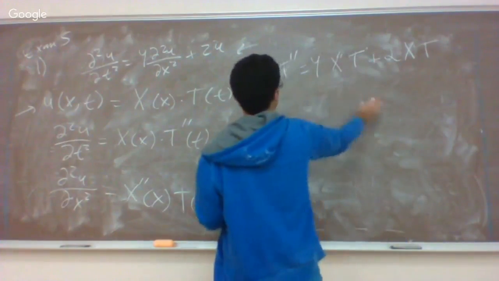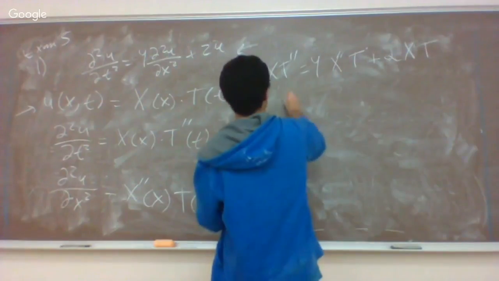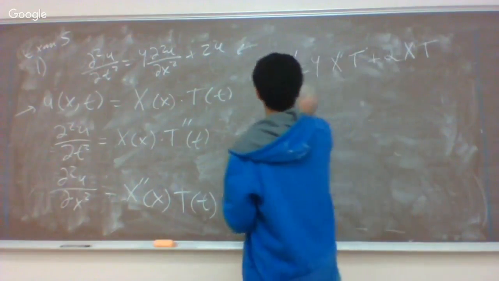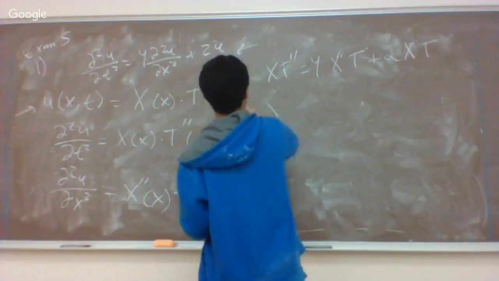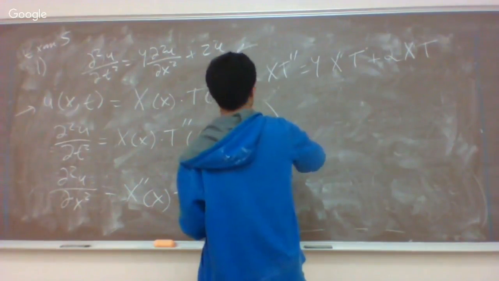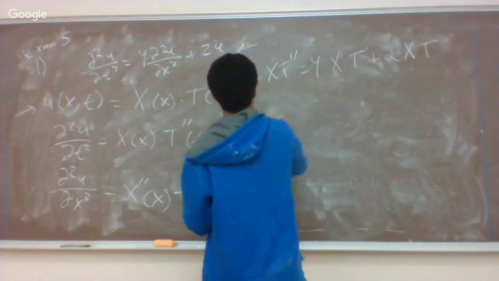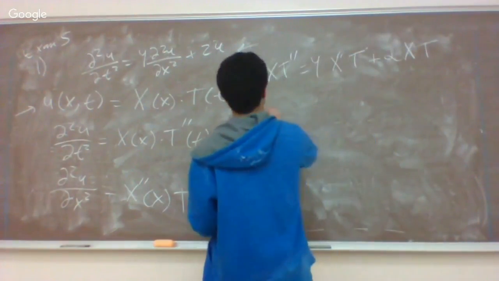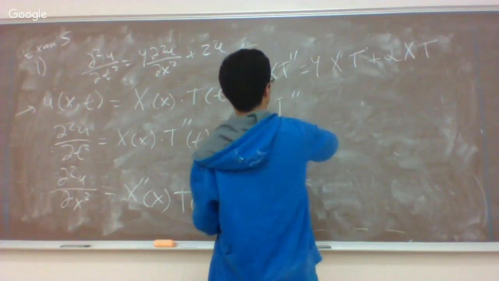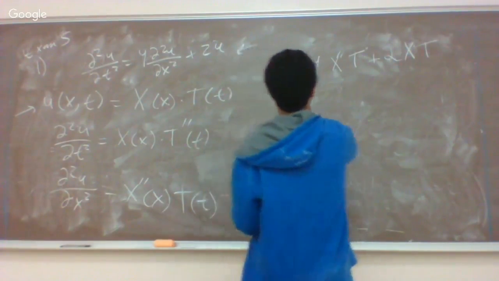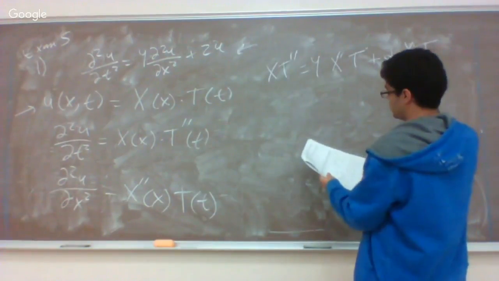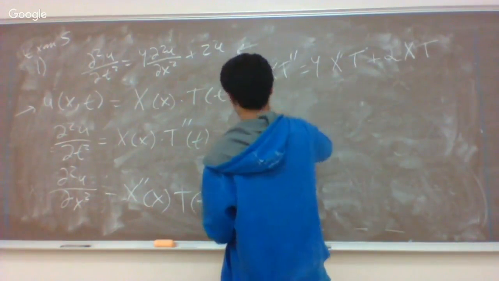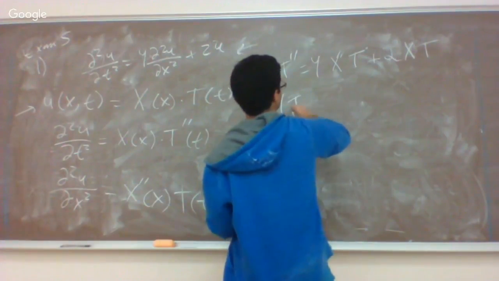Separate the variables, like we bring T to one side, X to the other side. So on the left, I have T double prime divided by T. On the right, let me do that a bit more slowly. I'm going to bring all the x components to one side.